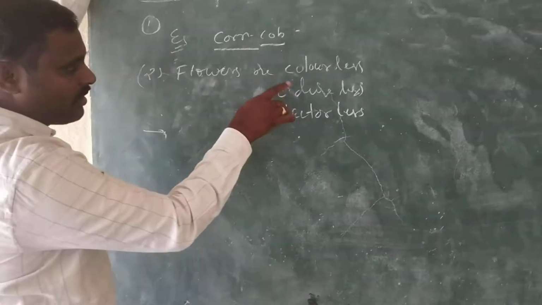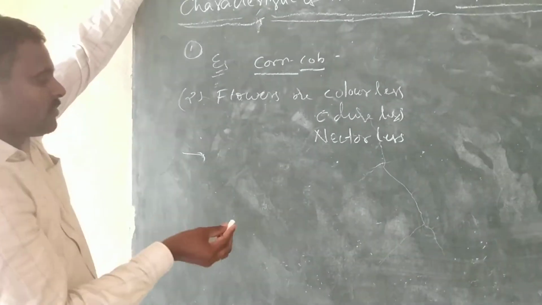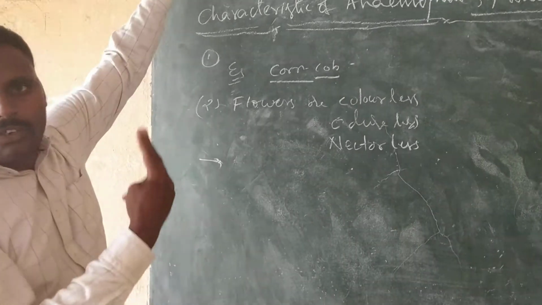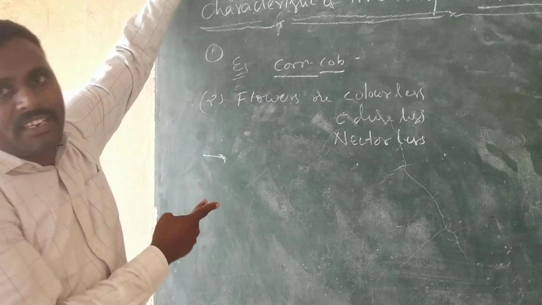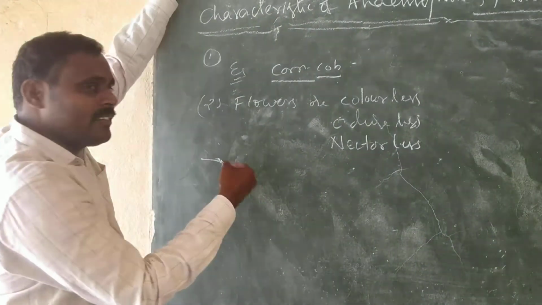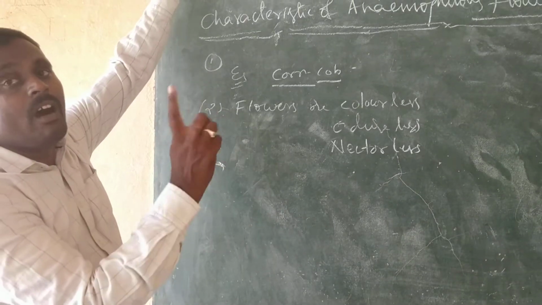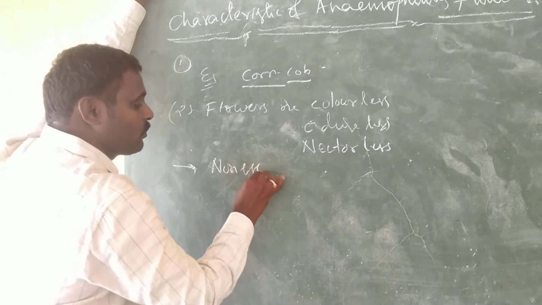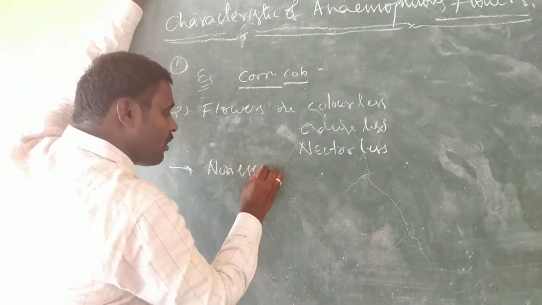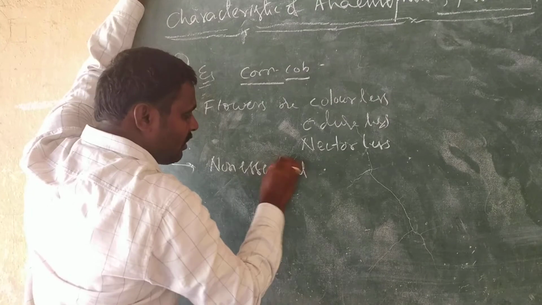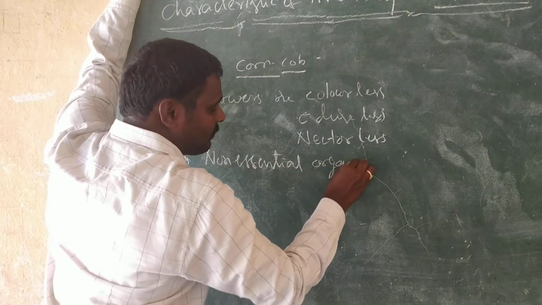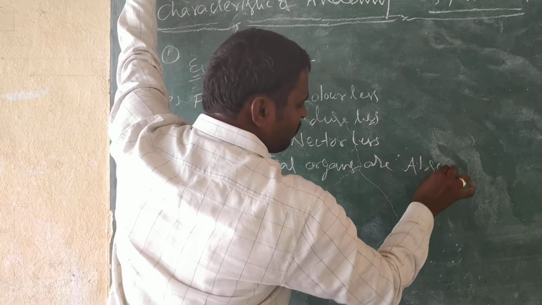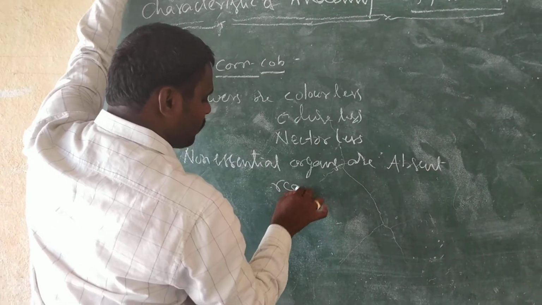Moreover, if we take the flower, we can find two types of parts, essential and non-essential. Non-essential organs are either absent or reduced.